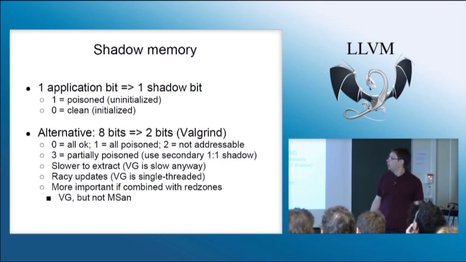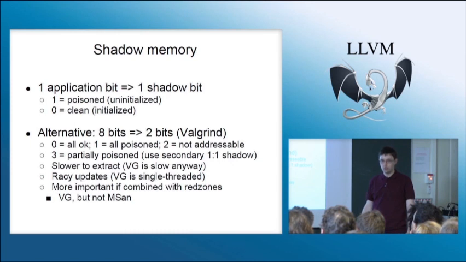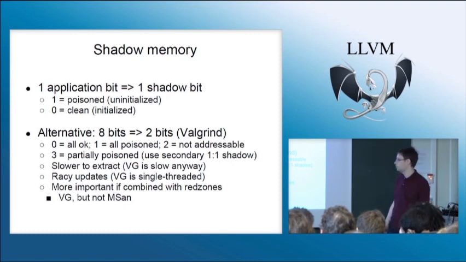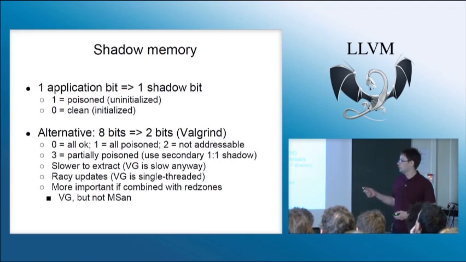So how do we do it? We maintain a shadow memory, which is one bit of shadow memory for each bit of application memory, with values of 1 when this bit is uninitialized and 0 when it is initialized. This is not very compact.